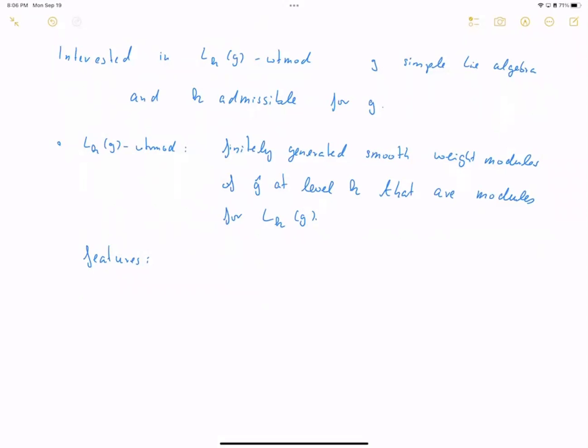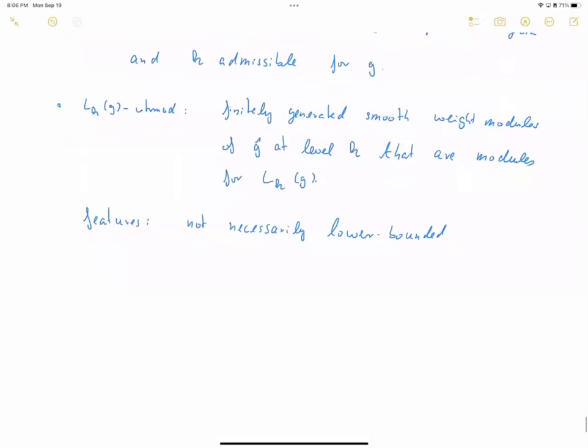They have a top level, a subspace of lowest conformal weight, and this doesn't hold for the usual module here. So modules are usually not lower bounded, but of course we have an interesting subcategory of lower bounded modules that is useful in many respects, but the general modules are not lower bounded.